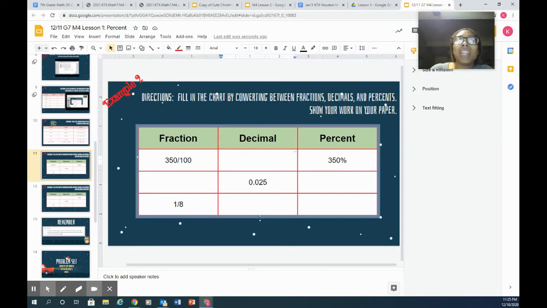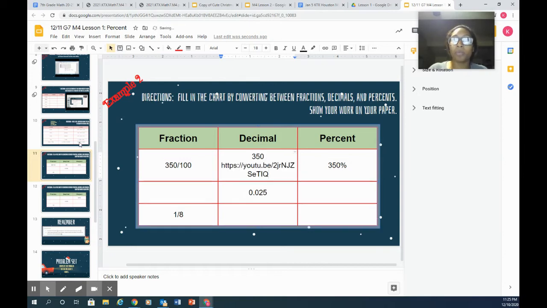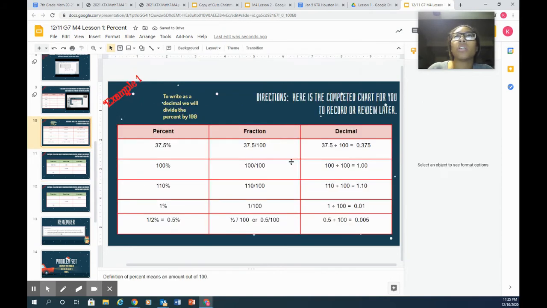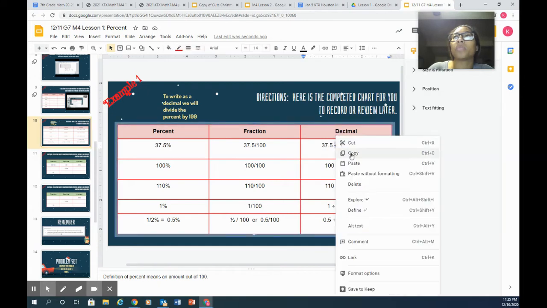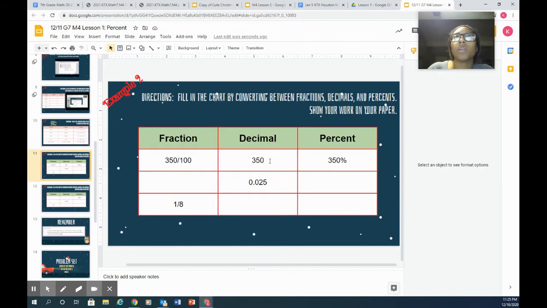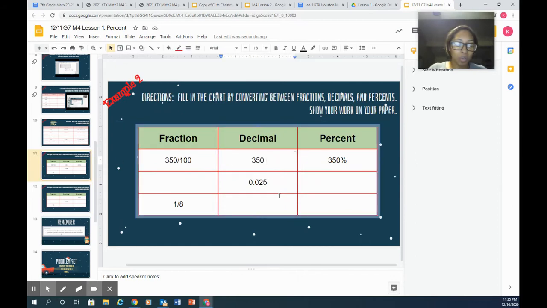Now, to write this as a decimal, we would have to divide 350 by 100.